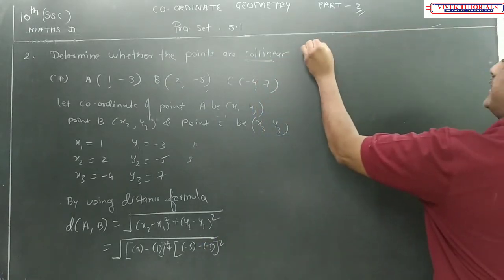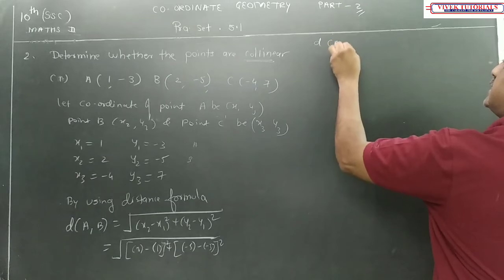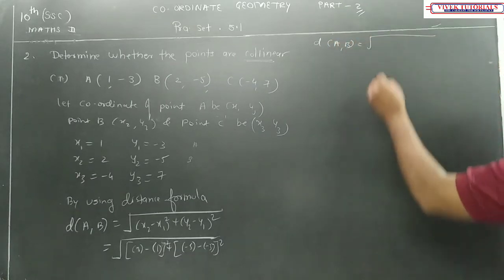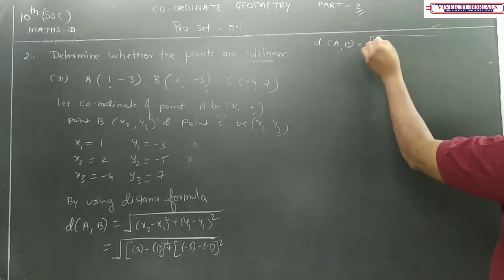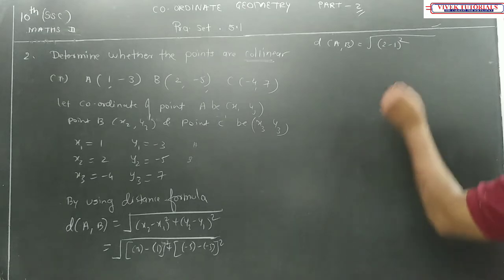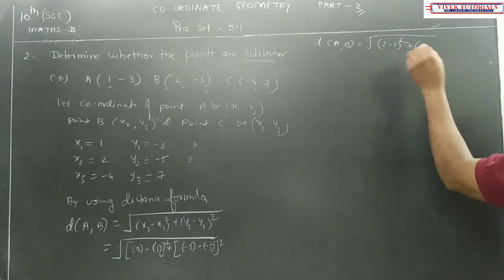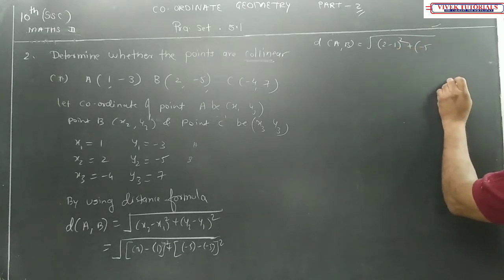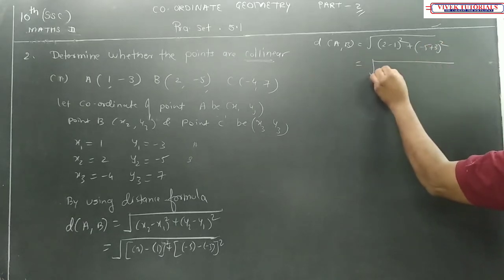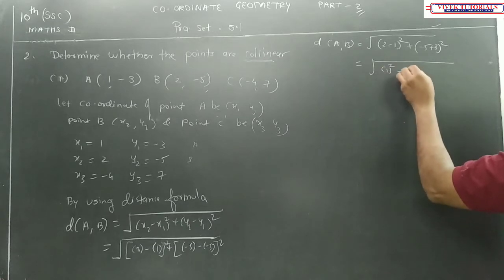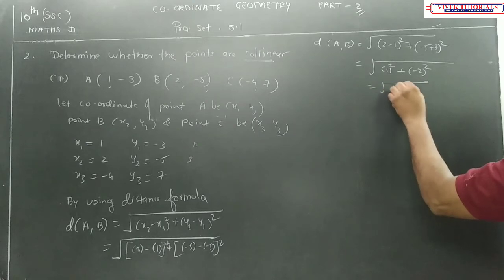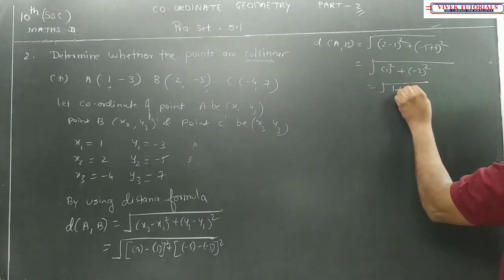So what we are getting is distance AB is equal to under root 2 minus 1 the whole square plus minus 5 plus 3 the whole square, which is 1 square plus minus 2 the whole square, that is 1 plus 4.